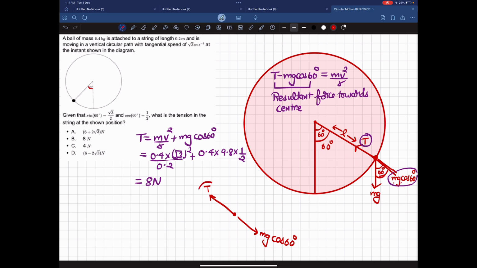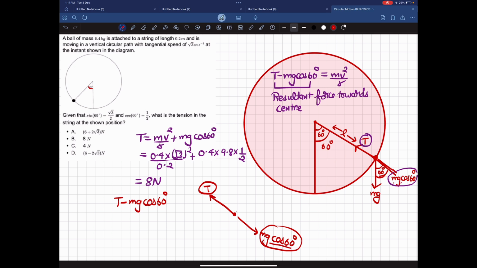Now, is tension the resultant force, or mg cos theta is the resultant force, or T minus mg cos theta is the resultant force? I think T minus mg cos theta is the resultant force. Right? It should be the sum of forces, smaller one subtracted from the larger one. Now, if you're thinking mg cos 60 should be larger, apply a little bit of common sense.